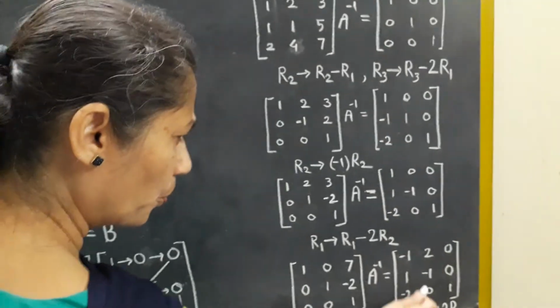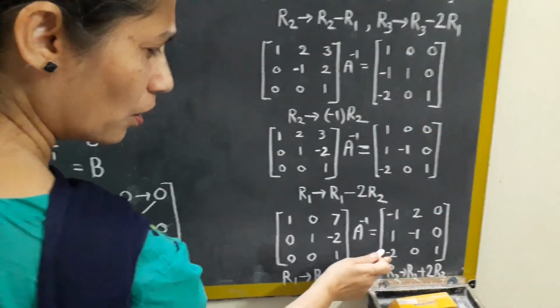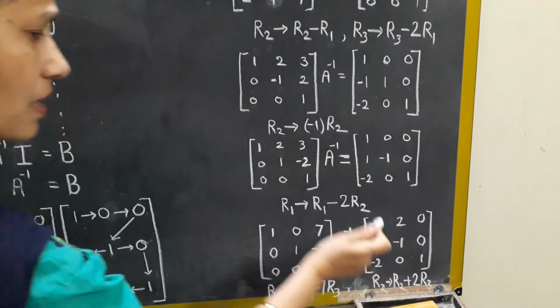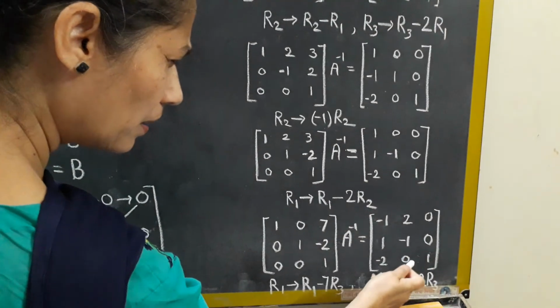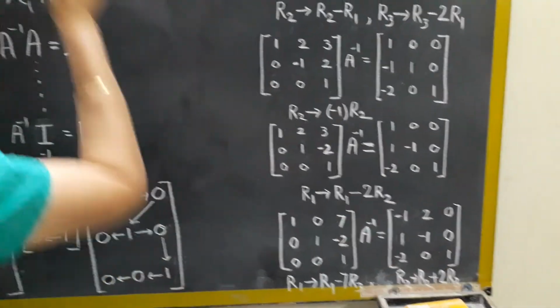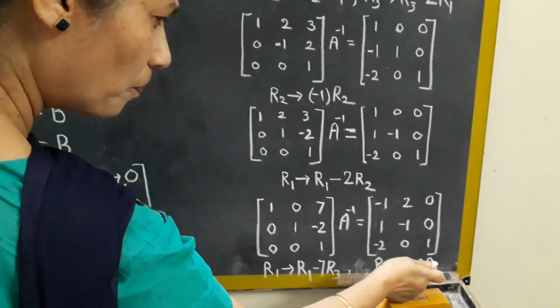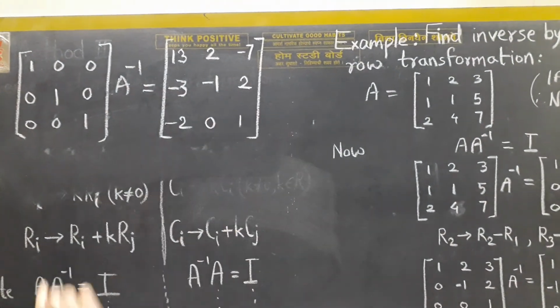Now R2, 1 plus 2 times R3. So 1 minus 4 is minus 3. Then minus 1 plus 2 times 0 is minus 1. And 0 plus 2 times 1 is 2.